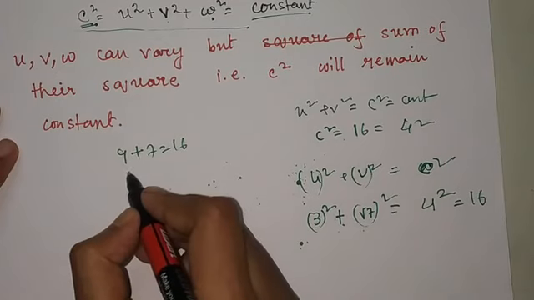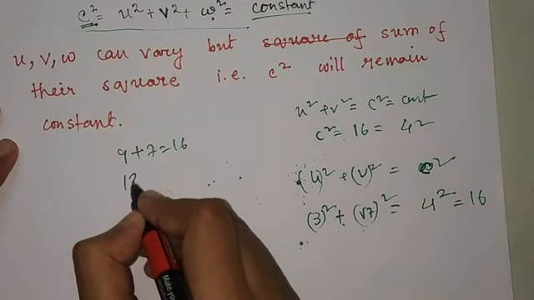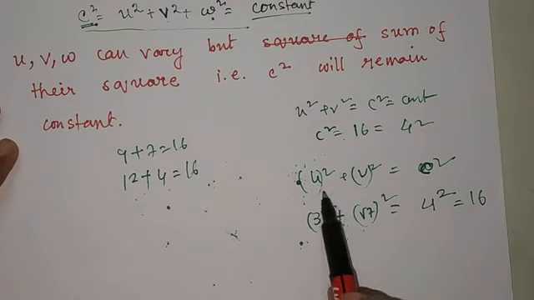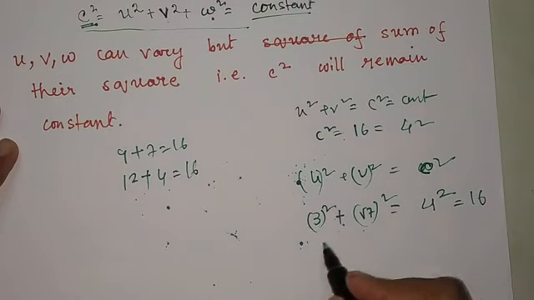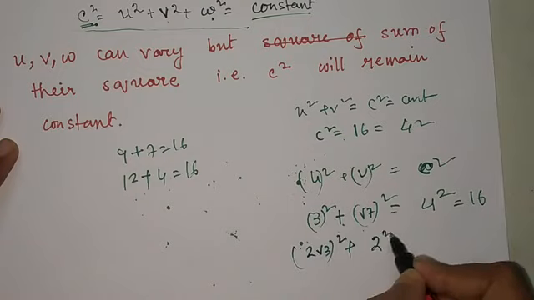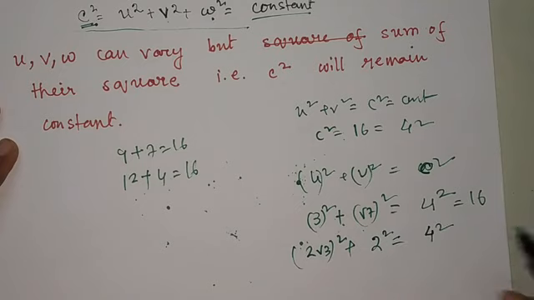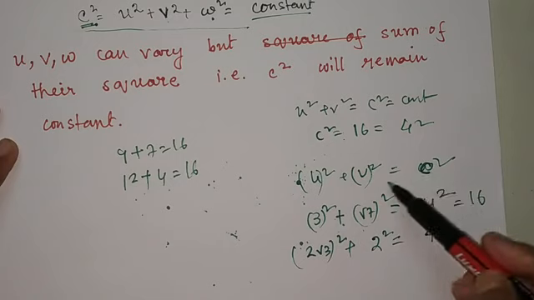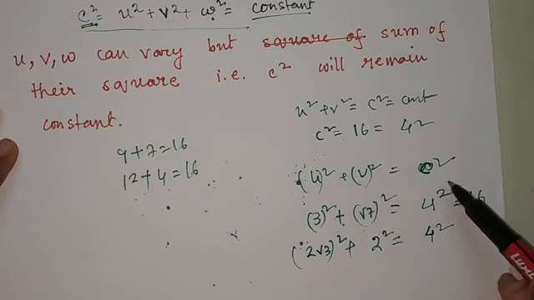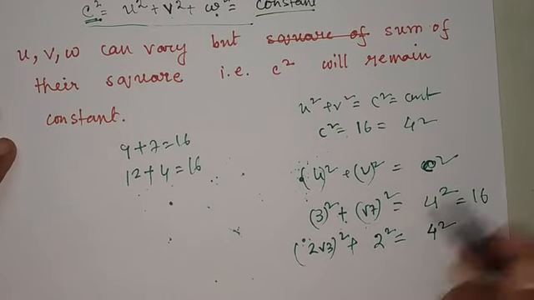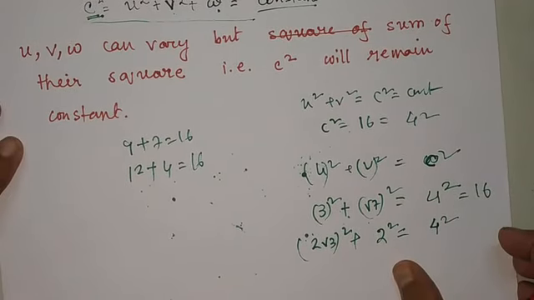Now again we can write, suppose, 12 plus 4 equals 16. So in form of U square plus V square, what will be 12 plus 4? It will be 2 root 3 whole square plus 2 square equals 4 square. So now U is 2 root 3, V is 2, but C square is again 16. Like this.